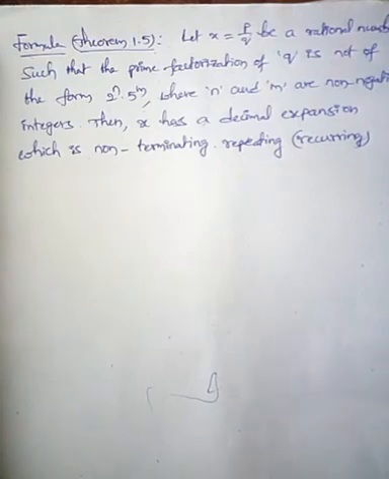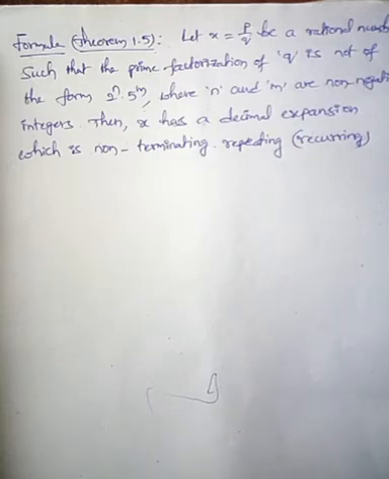Children, you have already learned in 8th class about terminating and non-terminating decimals. We can express every rational number as a decimal expansion, and decimal expansions are of two types: terminating decimal and non-terminating repeating decimal. Terminating decimal means the division ends, that means we will get the remainder 0.